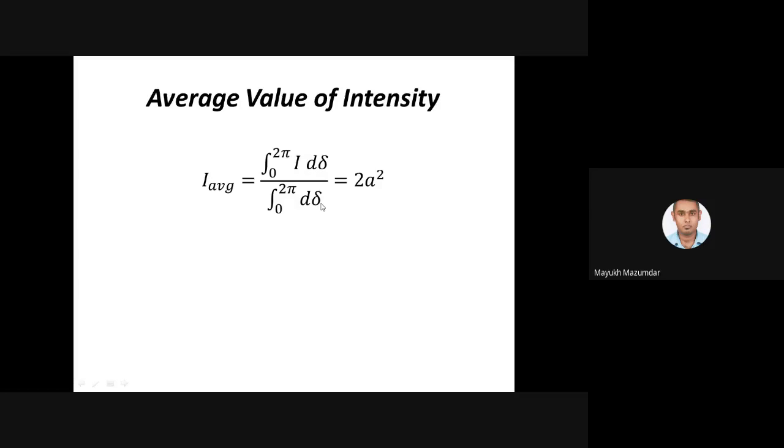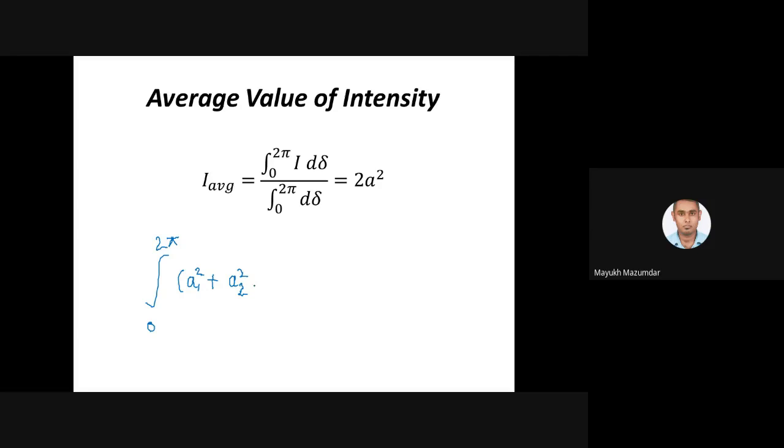Got it? Just do it like this, 0 to 2 pi. Is everyone okay? Why am I using the limit 0 to 2 pi? You can see there are terms like half cycle and full cycle.